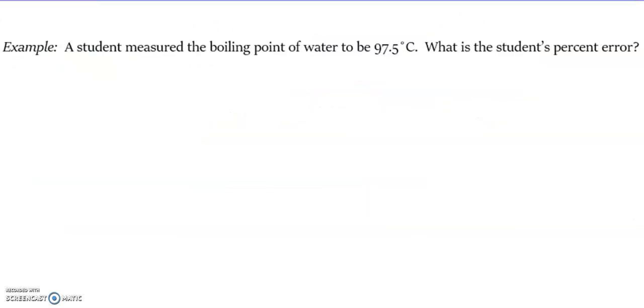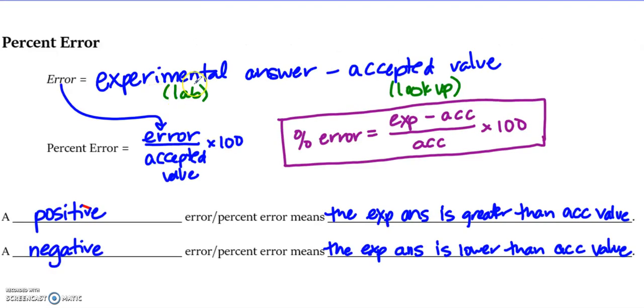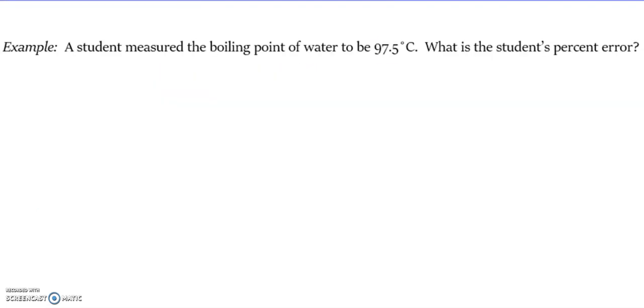A student measured the boiling point of water to be 97.5 degrees Celsius. What's the student's percent error? So we've got a number here, we need to figure out what this number is. It looks like the student measured it, so this was done in the lab. So this is the experimental answer. I'm going to underline this and write experimental. In order to find percent error, we have to have our experimental value, but then we also have to have our accepted value.